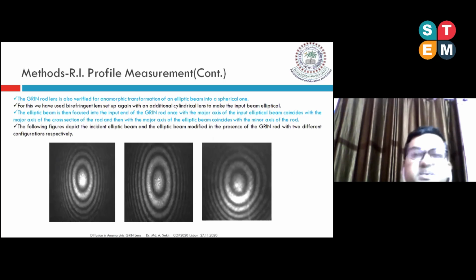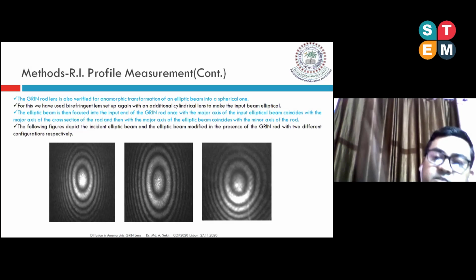And this has been verified again by using a beam which is deliberately made more elongated with the help of a cylindrical lens, and then this beam is sent once with our sample horizontal to the major axis and once with the sample vertical to the major axis. That means when it is horizontal to the major axis, where the refractive index change is more, it makes the beam more elongated.